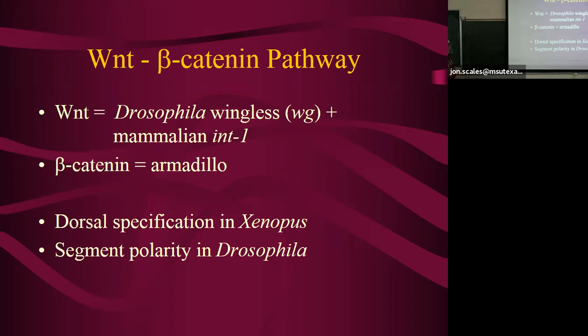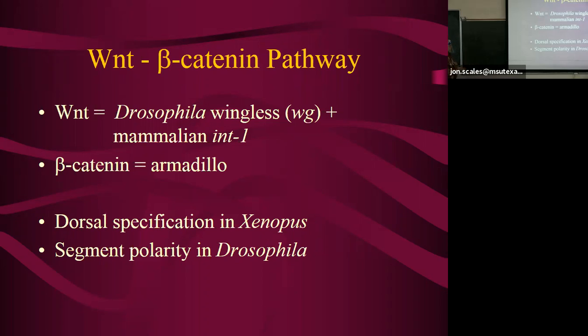And the other player in the name, beta-catenin. Beta-catenin is usually thought of for its role of connecting cadherin to the actin cytoskeleton. But in fruit flies, it was first identified as a mutation that gave a phenotype they named armadillo because the segments aren't forming right. Instead of 15, you get 9, right? 9-banded armadillo.